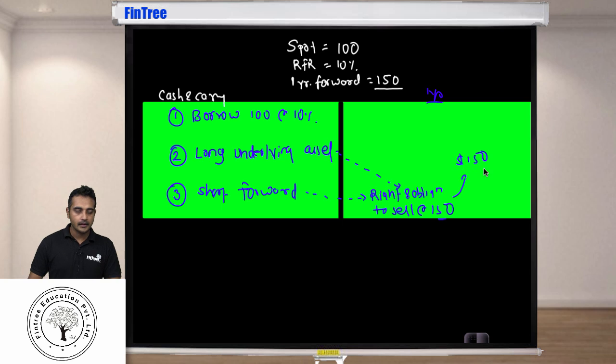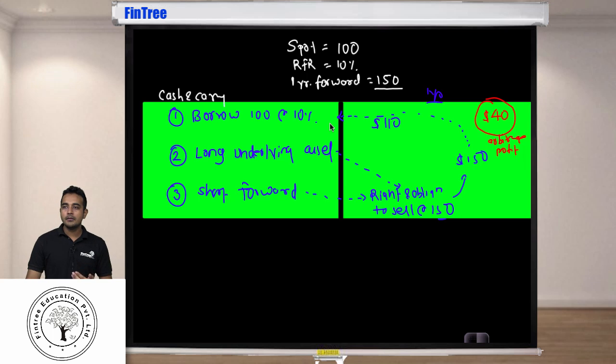Out of that 150, how much will you pay back to the bank? 110. So how much are you left with? 40. That 40 is referred to as your arbitrage in this example. This is the profit you've been able to earn because the forwards were mispriced.